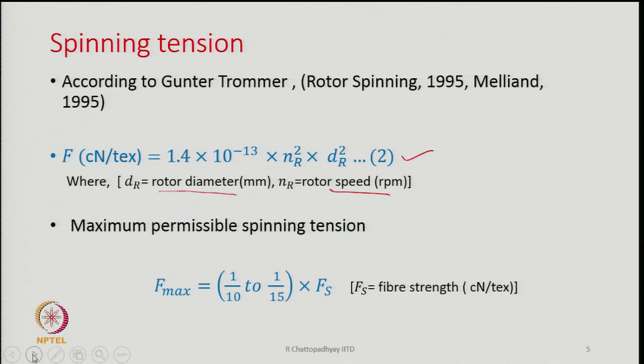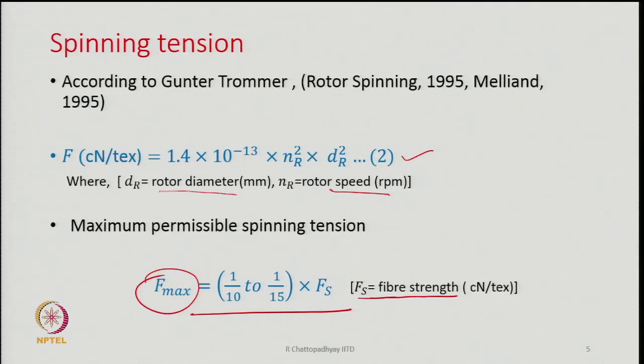So, the maximum permissible tension has to be a function of the intrinsic strength of the fiber, Fs, and F maximum is 1/10 to 1/15 of the fiber strength in centinewton per tex. This is the maximum tension which can be used to make sure that we do not encounter too many end breaks.